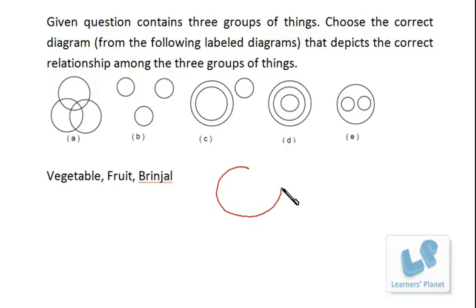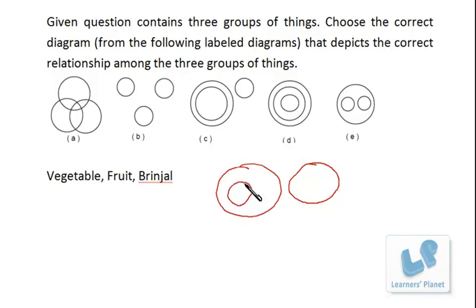Vegetables is a superset and fruits is also a superset, but it is apart from this set, or we can say vegetable and fruit are disjoint sets. So I draw two disjoint sets. Now where will brinjal come? Brinjal is nothing but a vegetable, isn't it? So all brinjals will come in the set of vegetables.